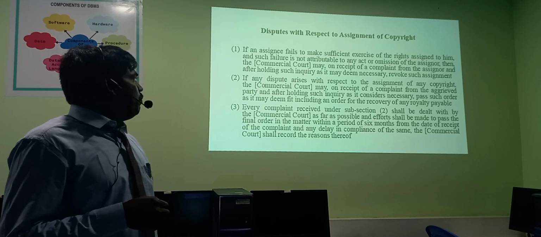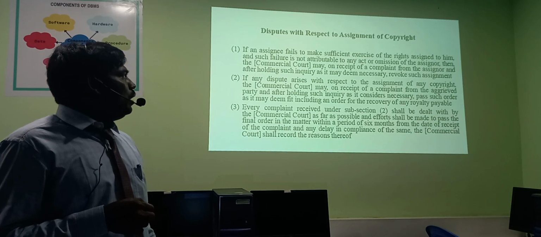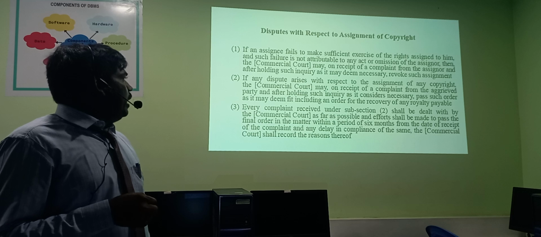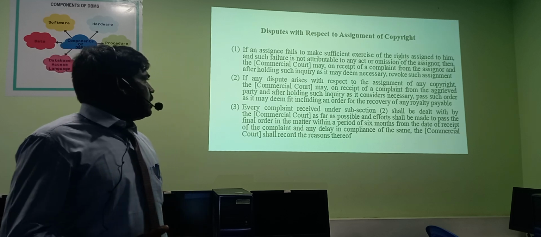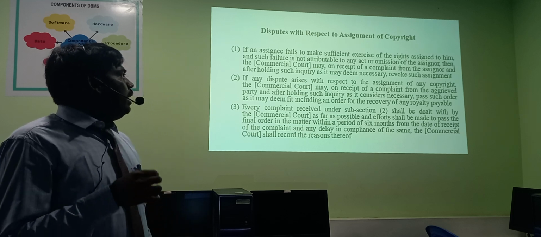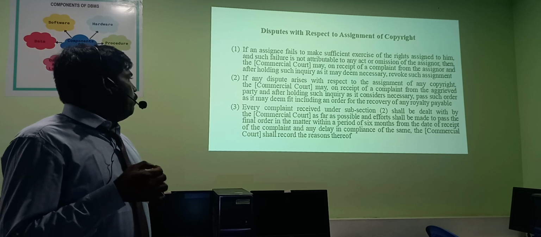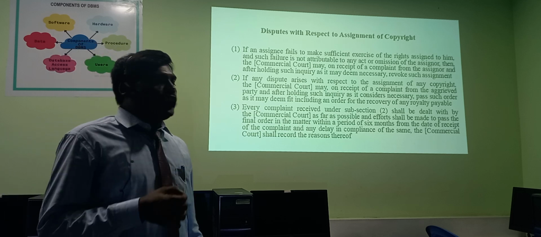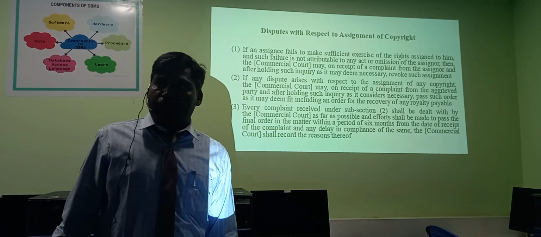Every complaint received under subsection 2 shall be dealt with as far as possible expeditiously, and an effort shall be made to dispose of the matter within 6 months from the date of receipt of the complaint under the Copyright Act.